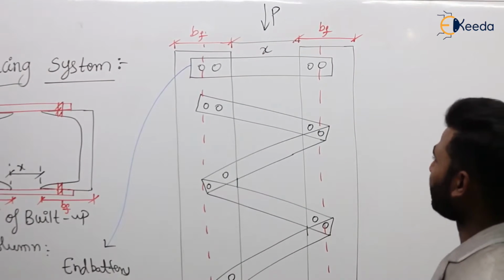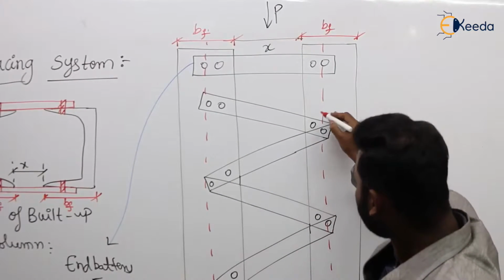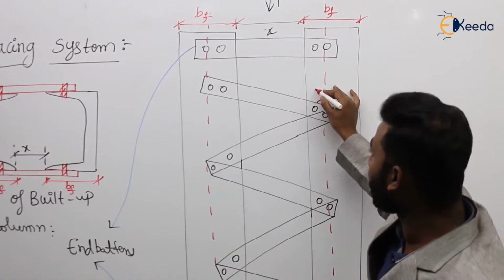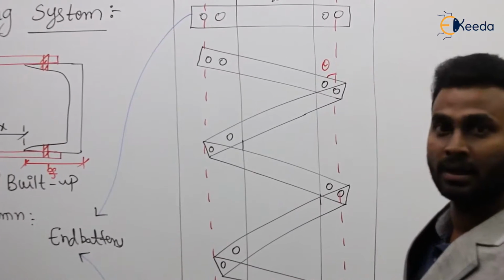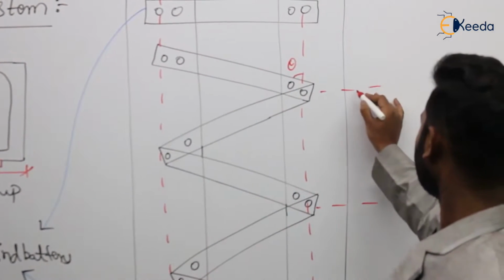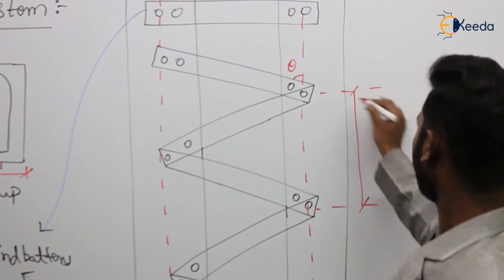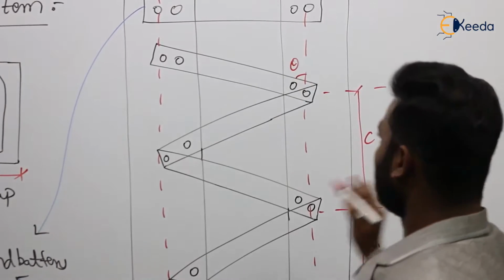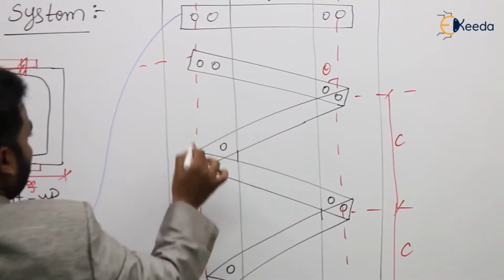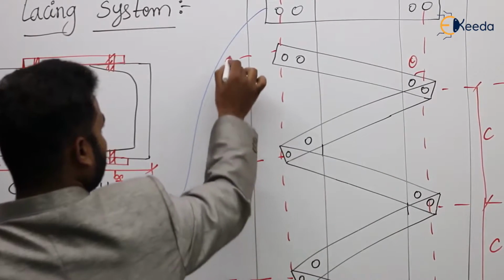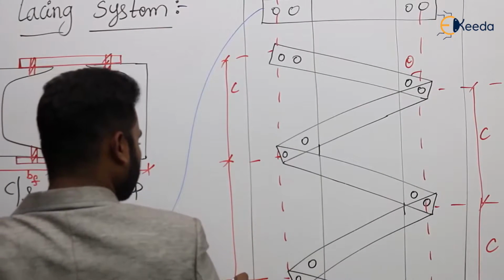If I want to show some dimensions here, this lacing member makes an angle theta with the longitudinal axis. The spacing between the lacing members is represented with C. If it is C here, then obviously it is also C here, and here, and here. So this is the spacing between the lacing members.